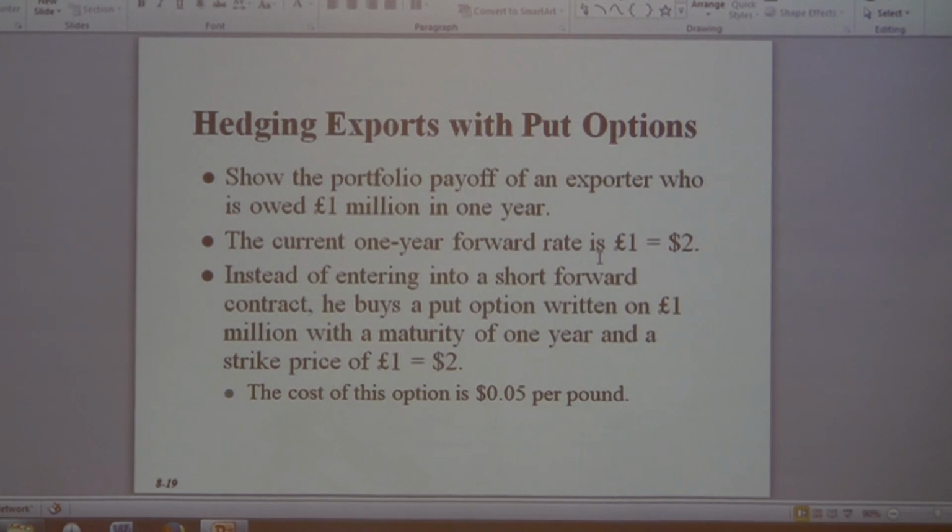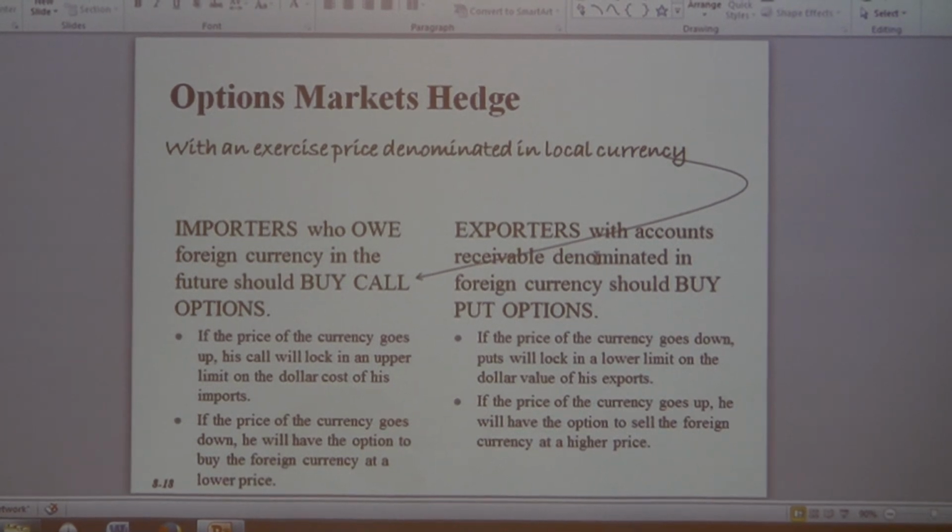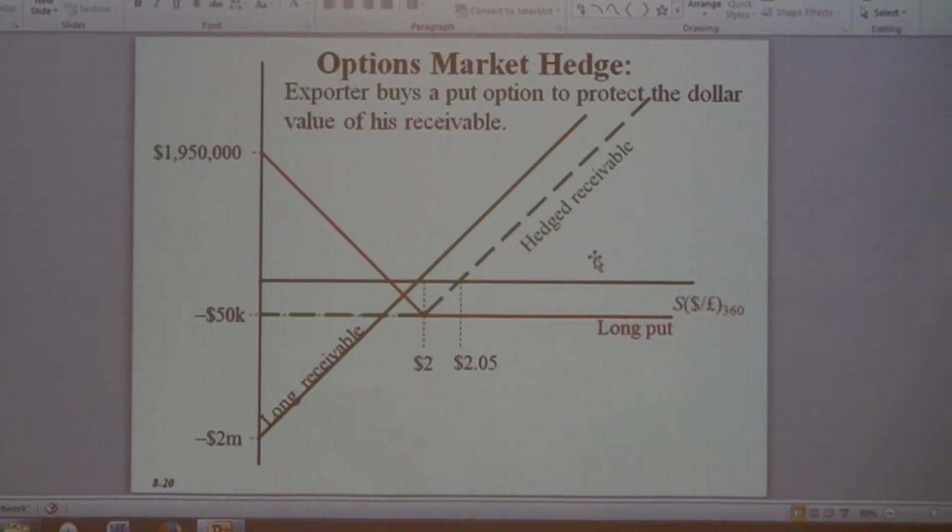Now, if you want to look at the other case, suppose you are hedging exports with put options, what happens in the options market?